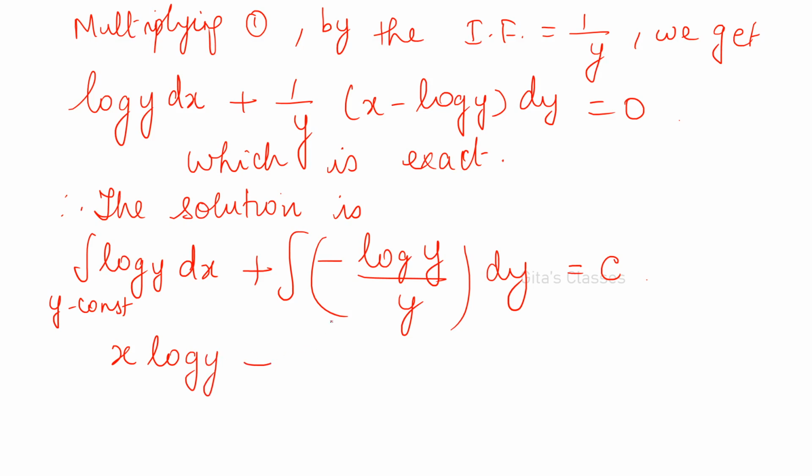And here minus log y and 1 by y: you have the integral of log y, and the differential of this is 1 by y. Therefore, you can write log y the whole square. So, minus 1 by 2 into log y the whole square is equal to constant. This is the answer.